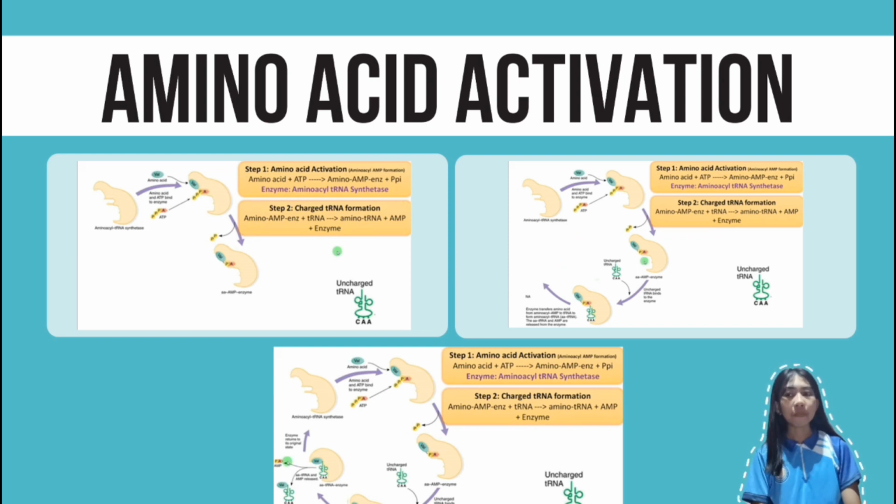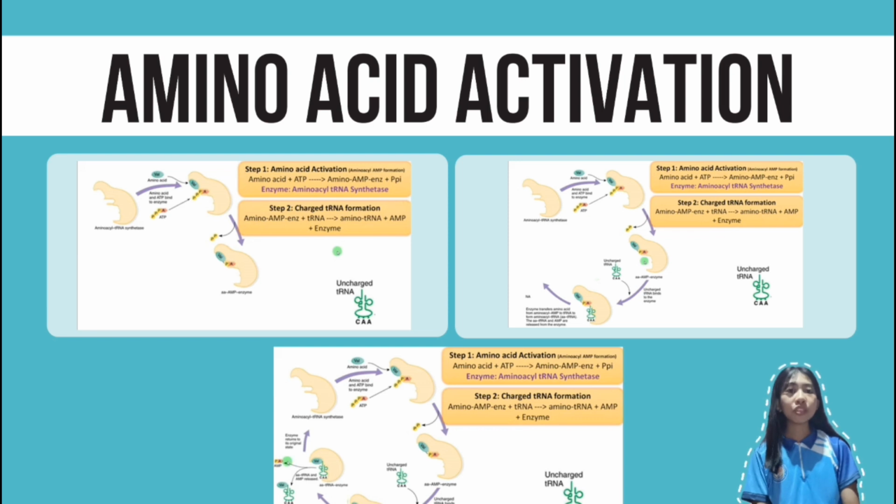In the next step, AMP is released. The charged tRNA is also released. So that's the process of amino acid activation. This process of joining tRNA with its corresponding amino acid is called tRNA charging or amino acid activation. Thus, the stored energy is used in the formation of peptide bonds during translation.